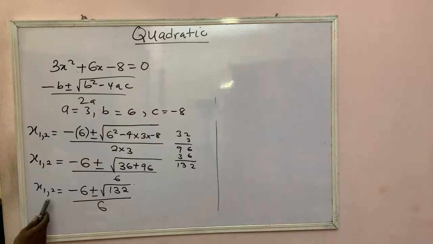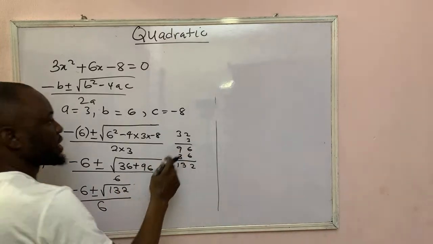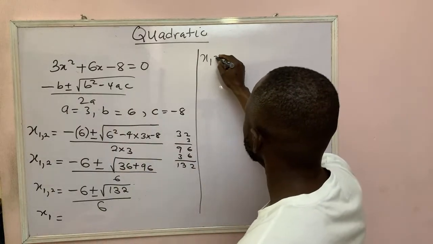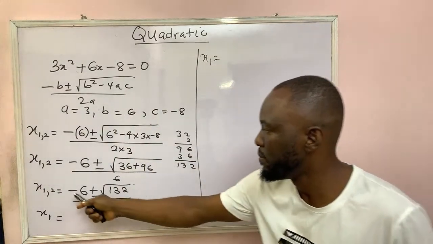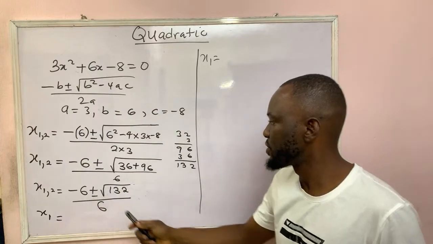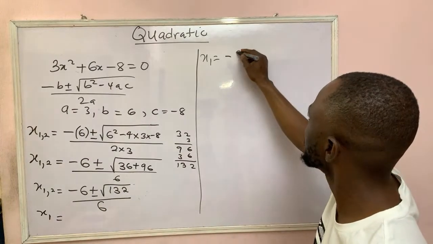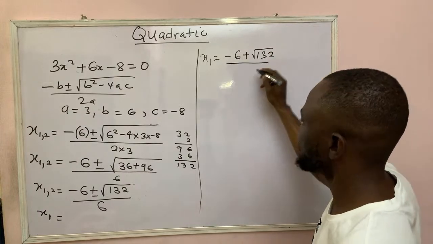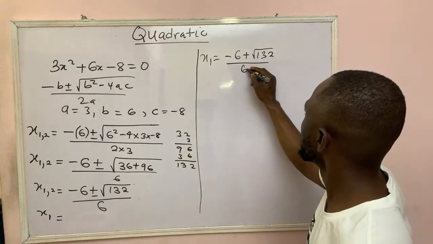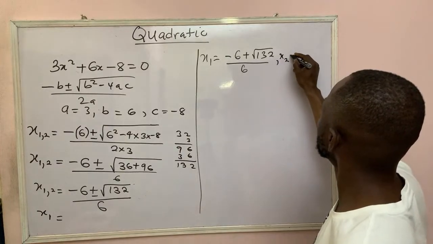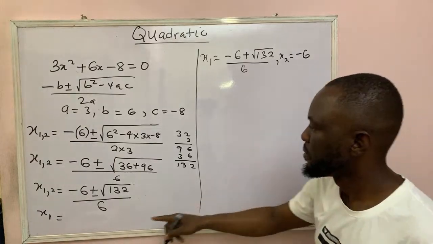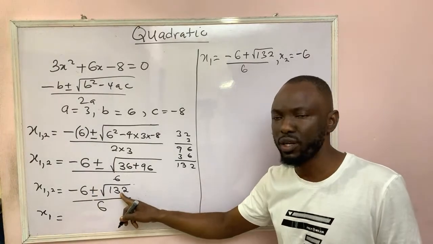Then I will have my x of 1, which will be, okay, let me write it here. My x of 1 will be minus 6 plus root 132 divided by 6. Then my x of 2 will be minus 6 minus, because this plus or minus belongs to this.